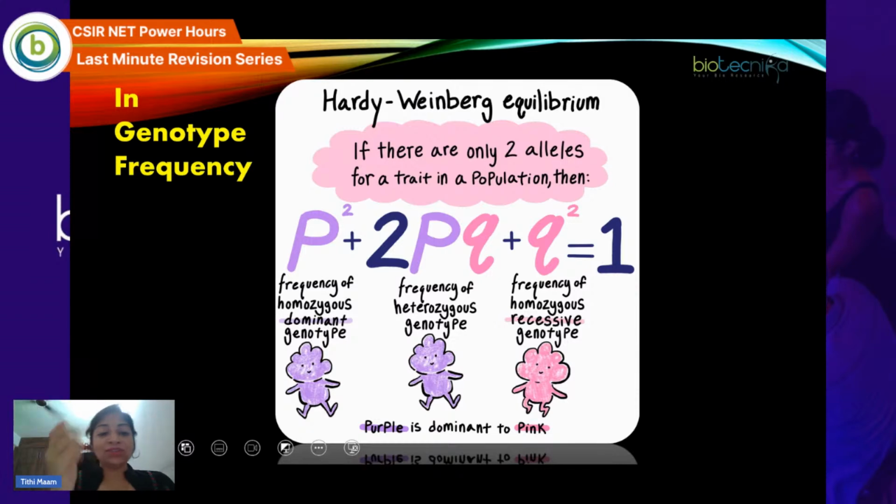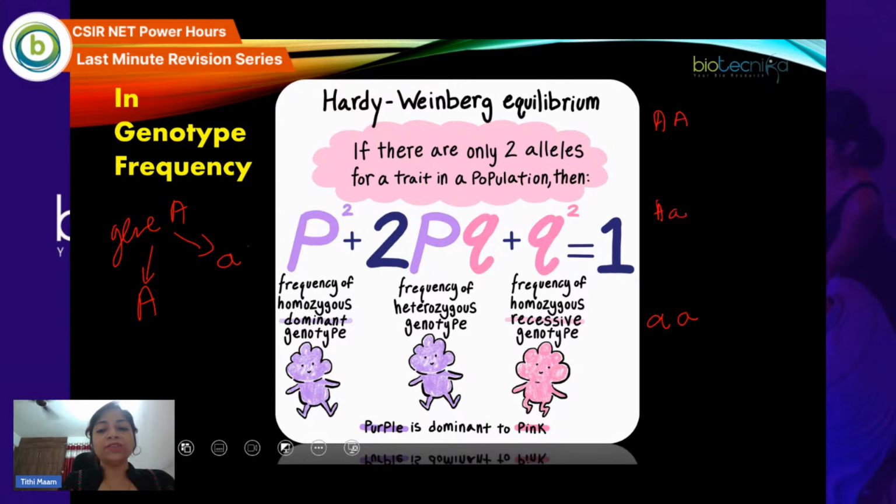Now, why is it so? Suppose we have a gene A. This A has 2 alleles, capital A and small a. Homozygous dominant means capital A, capital A. Homozygous recessive means small a, small a. Heterozygote means capital A, small a.